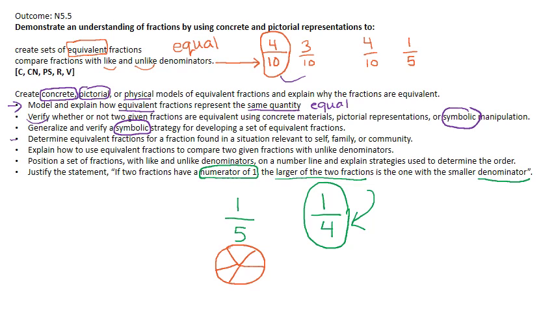These are not equal pieces because I'm a terrible artist, but if my pie is 5 pieces and I'm going to get one of them, or my pie is 4 pieces and I'm going to get one of them, can you tell by my drawing that this is the bigger pie? What if it was an even smaller number?